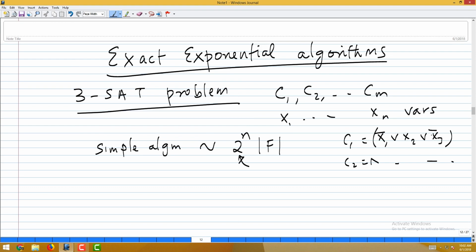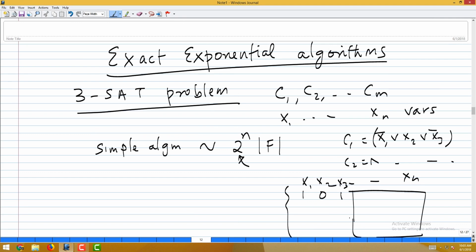So, what is this? x1, x2, xn, there are 2 power n assignments, and what he is saying is x1 equal to 1, x2 equal to 0 and x3 equal to 1, and I do not care what the other variables are, do not bother checking. So, I save so much. How many of the 2 power n assignments have x1 equal to 1, x2 equal to 0 and x3 equal to 1? 2 power n minus 3, because these 3 variables are fixed and the remaining variables are free.